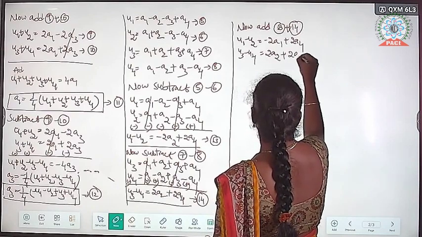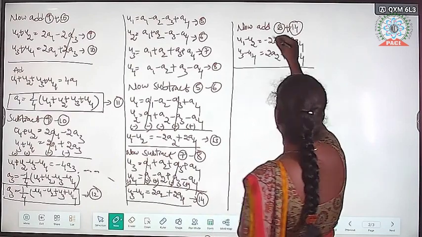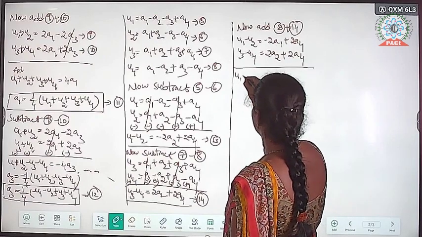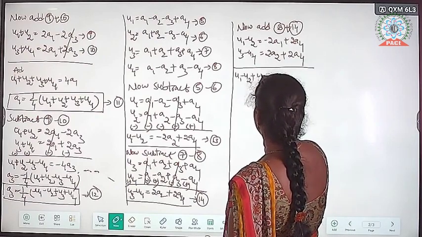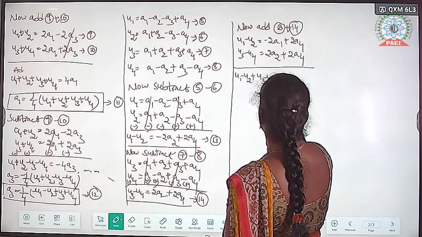So now we are adding the equations. So u1 minus u2 plus u3 minus u4 is equal to minus 2a1.